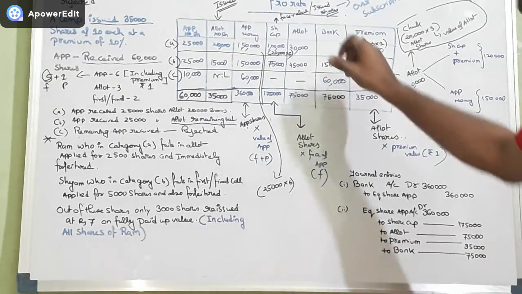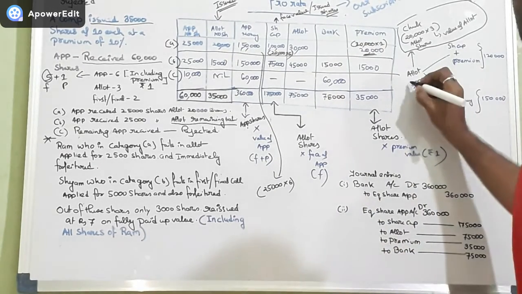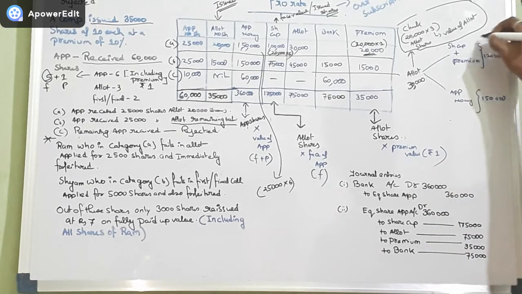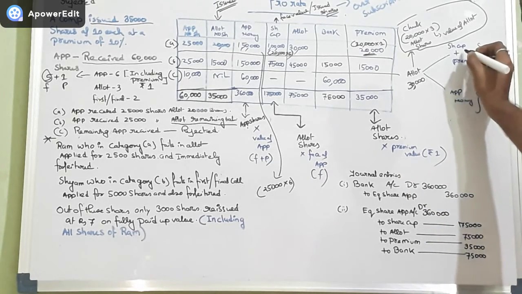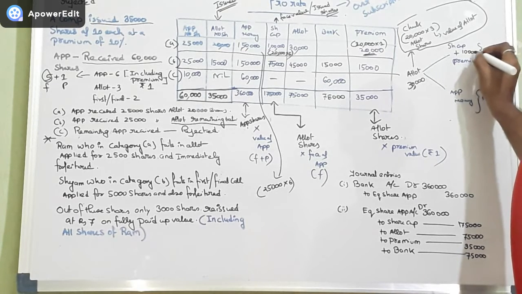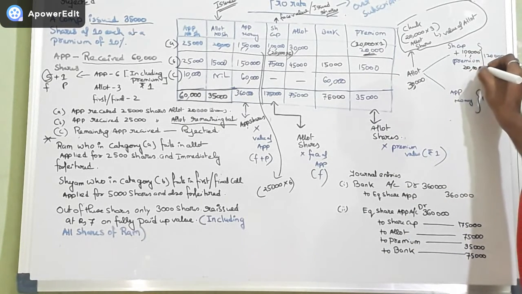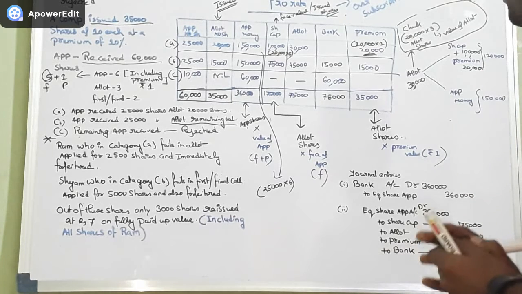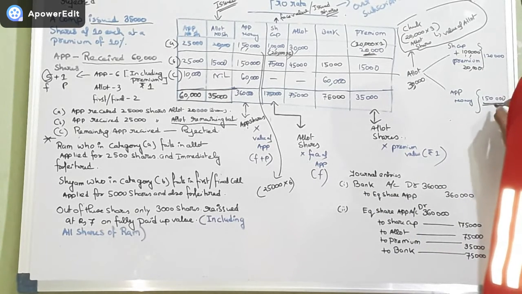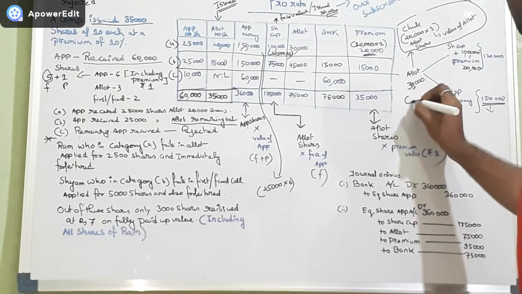Now how have we got the allotted value? See, as it is pro rata, what we have done: you have received share application of how much? 1 lakh rupees. Premium, how much have you received? 20,000. But the application received is how much? I have received an application of 1,50,000, I am talking about case A here.